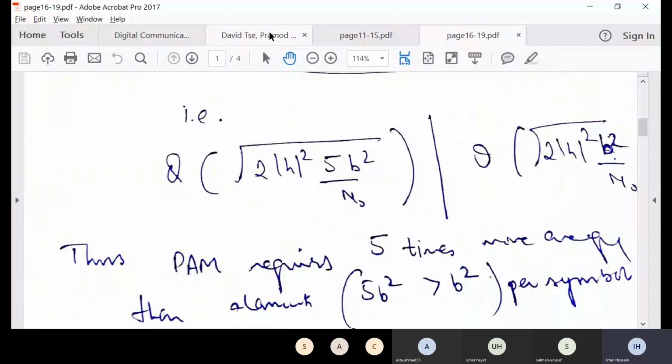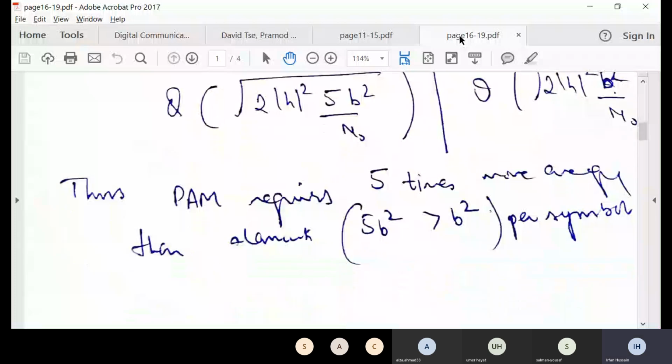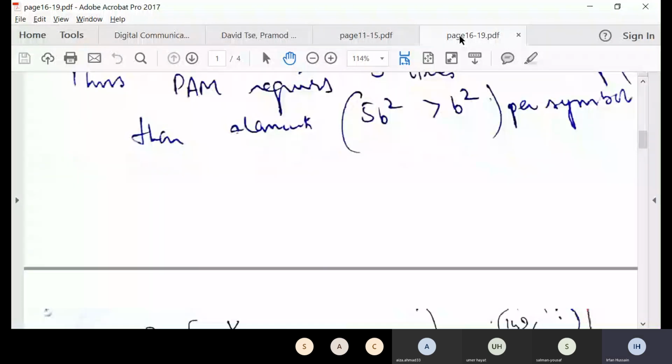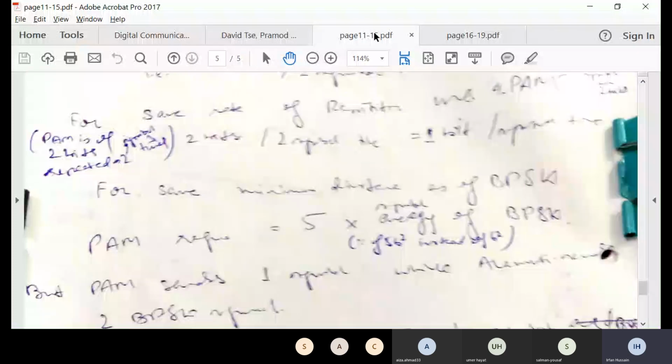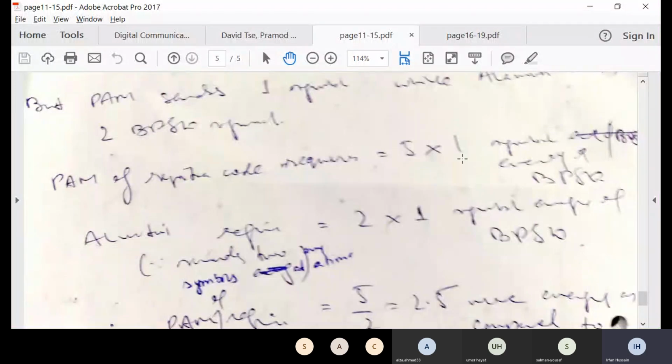So you can see that in repetition 4PAM, you required 5 times 1 symbol energy of BPSK, while the LMOT scheme is requiring 2 times 1 symbol energy of BPSK, because it is actually sending 2 BPSK.